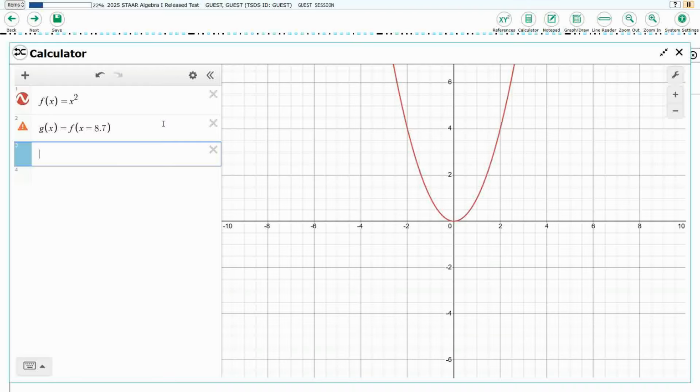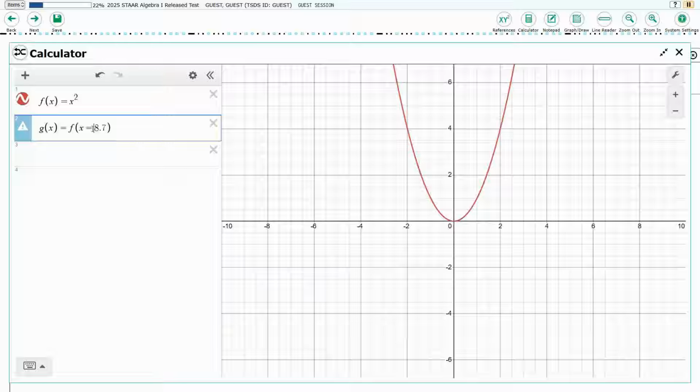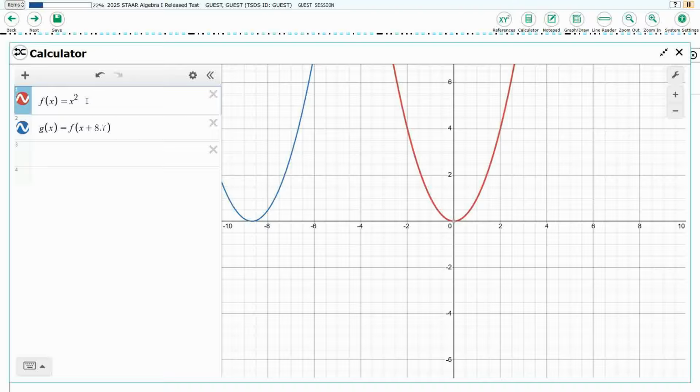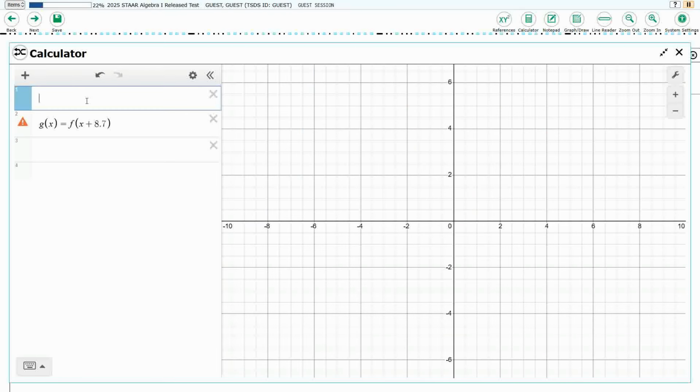Now, we're not seeing anything because, let's see if we get that in there. There we go. I put the wrong value in there. You notice that it's going to take this g of x and interpret it. So we had to have the parent function in there. If we were to erase this, it doesn't know what to do with that.